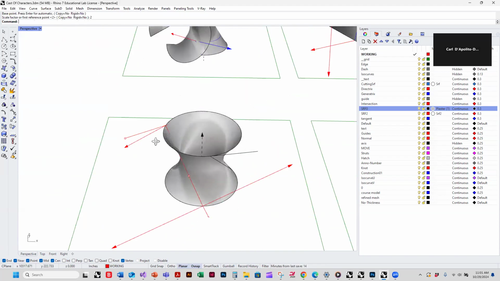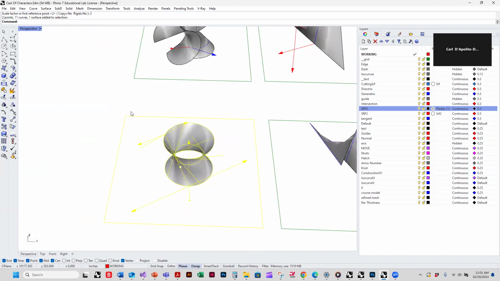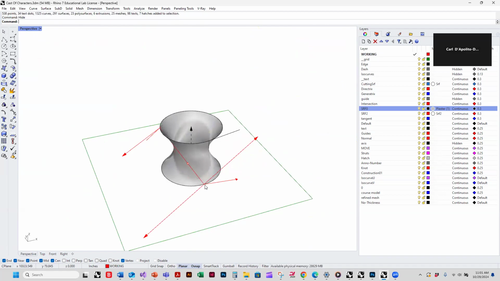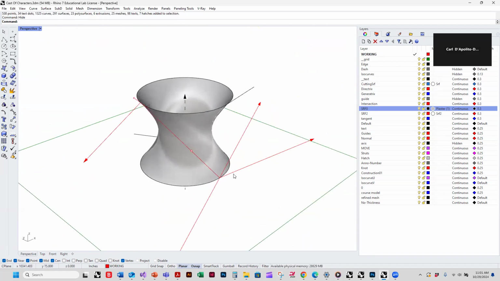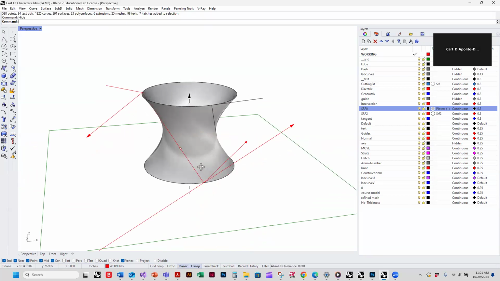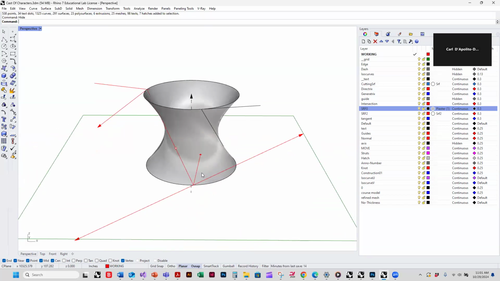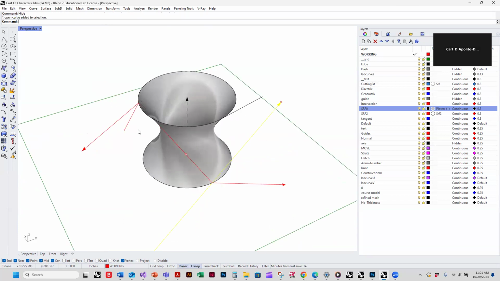That is also a tangent line, except it is not tangent just to the profile. It's tangent to the direction also, it's part of the plane that is truly normal there.